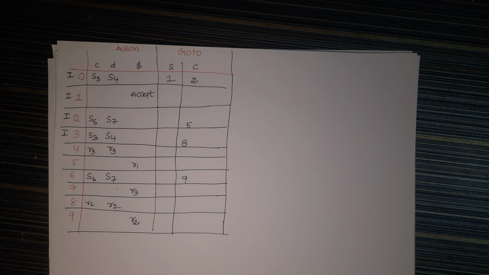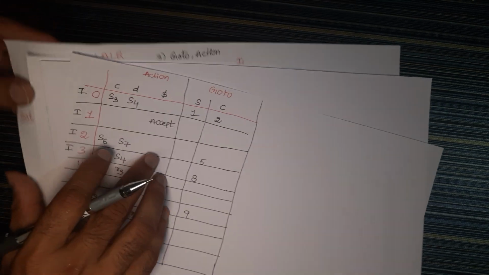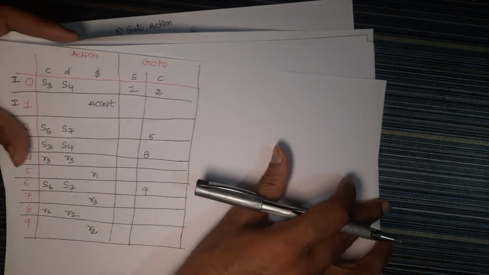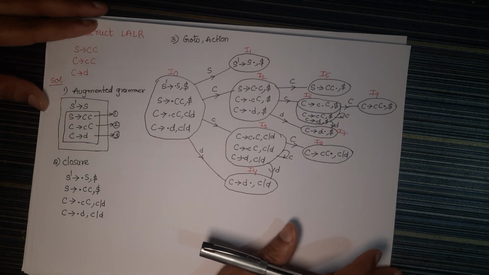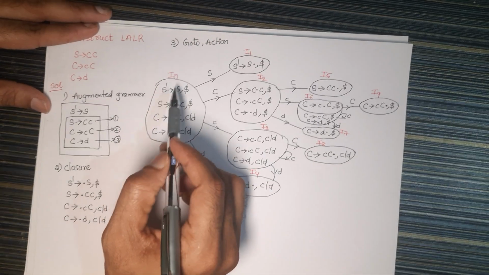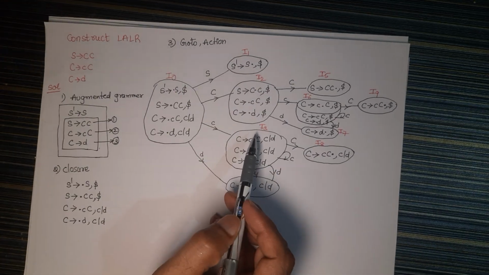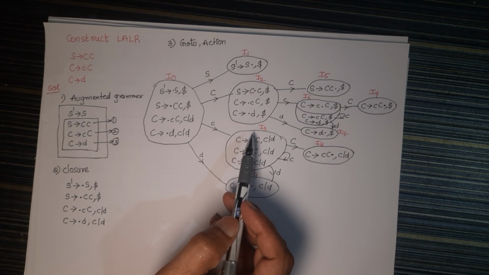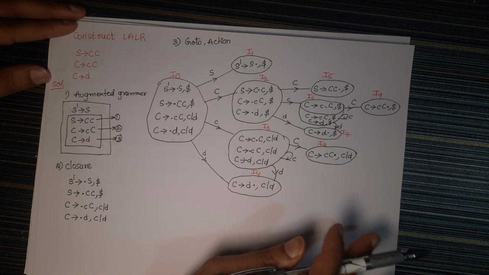So remember, we are talking about LALR. What do we have to do for LALR? If you see the productions in LALR, what is going to happen? In this we are going to have I naught, I1, I2, I3, I4, I5, I6, I7, I8, I9.